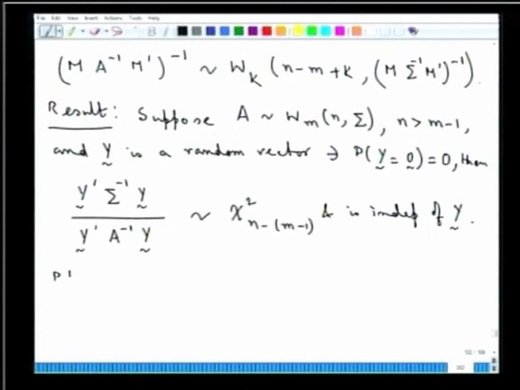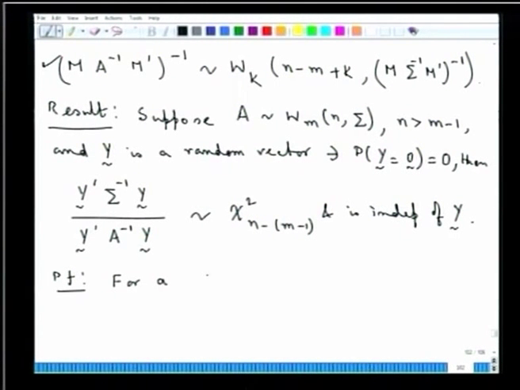This result is simple actually. It uses the fundamental result concerning the inverted Wishart distribution, the important property we stated.